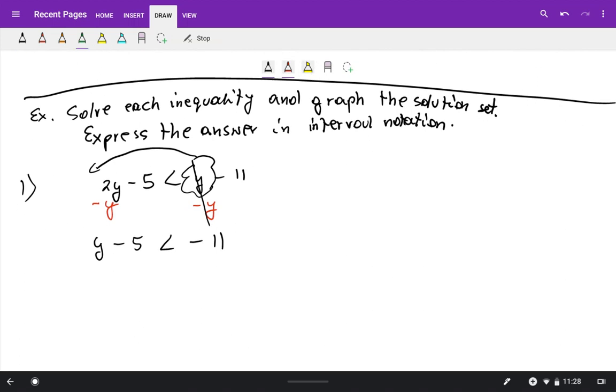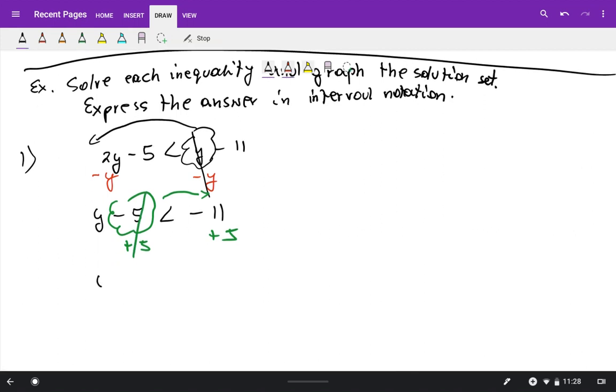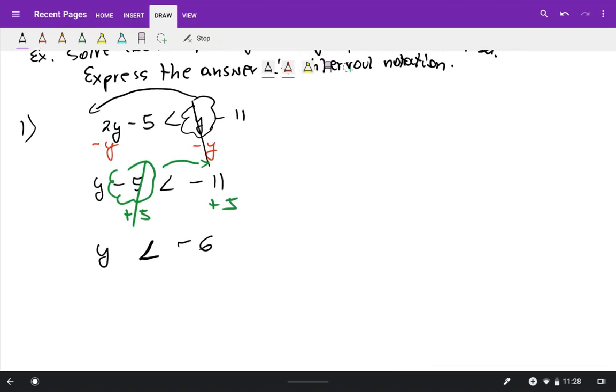Next, we need to bring negative 5 to the other side, so just add 5 to both sides. That will give you y less than negative 11 plus 5, which is negative 6. Like you see, I keep the same inequality because I'm only adding or subtracting numbers. This is the solution: variable on the left side, inequality, and the number on the right side.